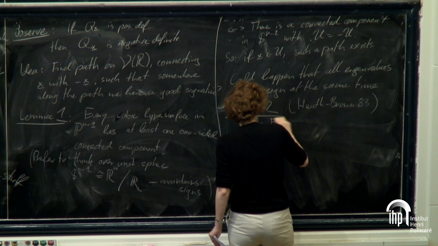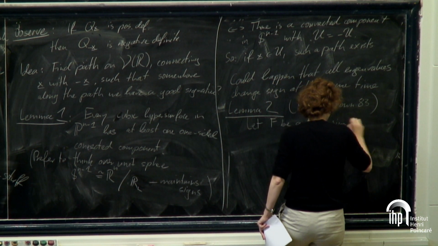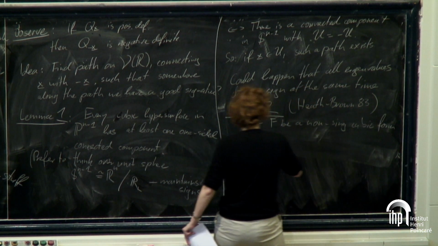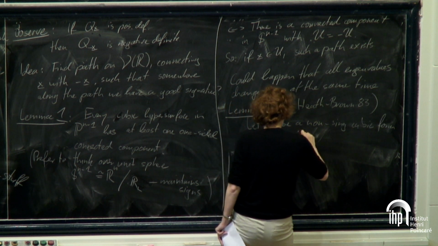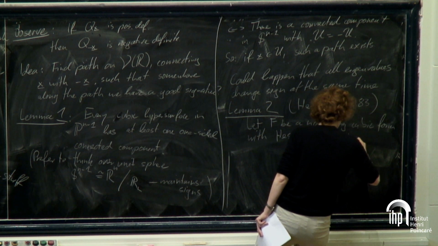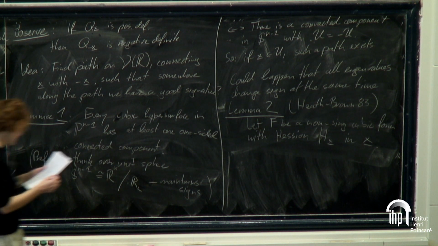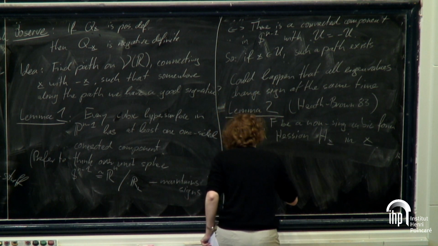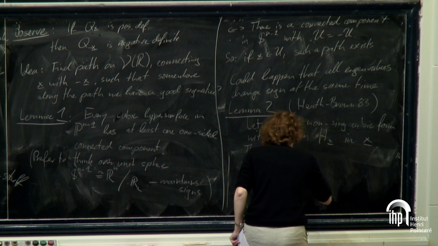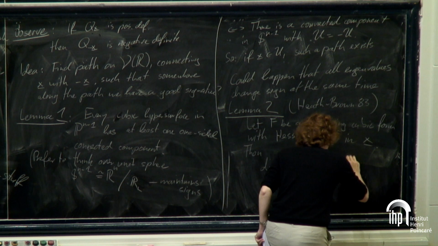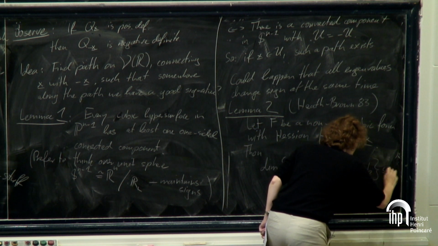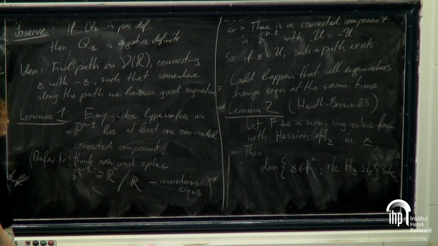So suppose we have a non-singular cubic form with Hessian hx and x, then the points in affine space where the rank of the Hessian is small has small dimension, which of course we would assume.